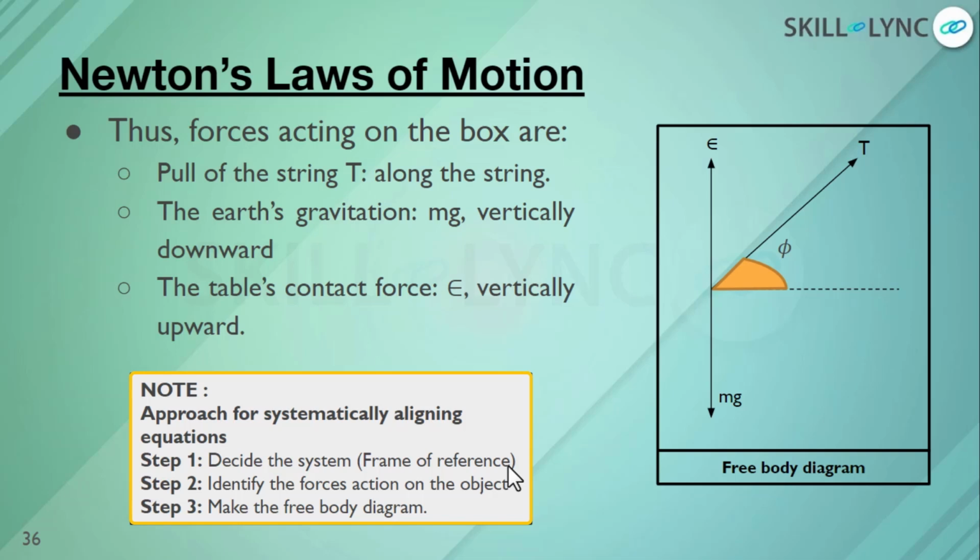First we need to decide on which frame we are going to find the forces acting. Step 2, identify the forces acting on the object. So we need to identify the pull of the string, Earth's gravitational force, and the table's contact force. Step 3, make the free body diagram. So we made a free body diagram showcasing all the forces with their directions.